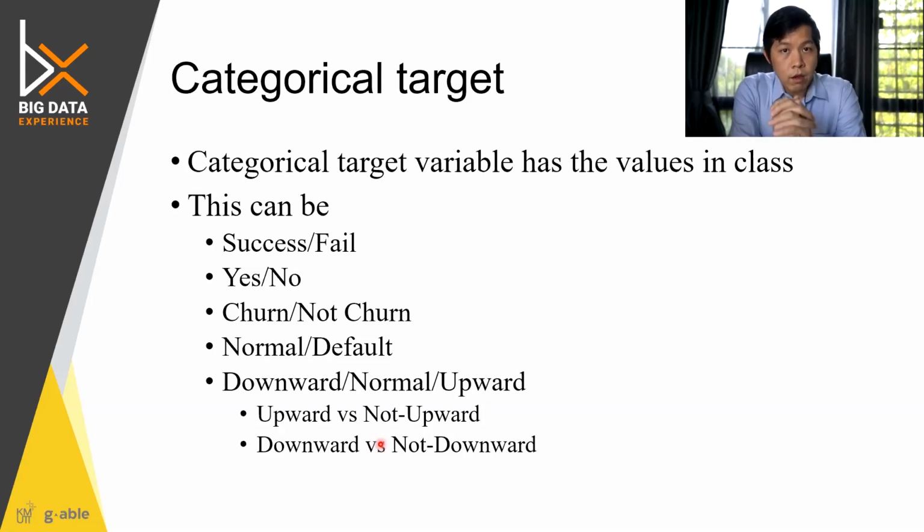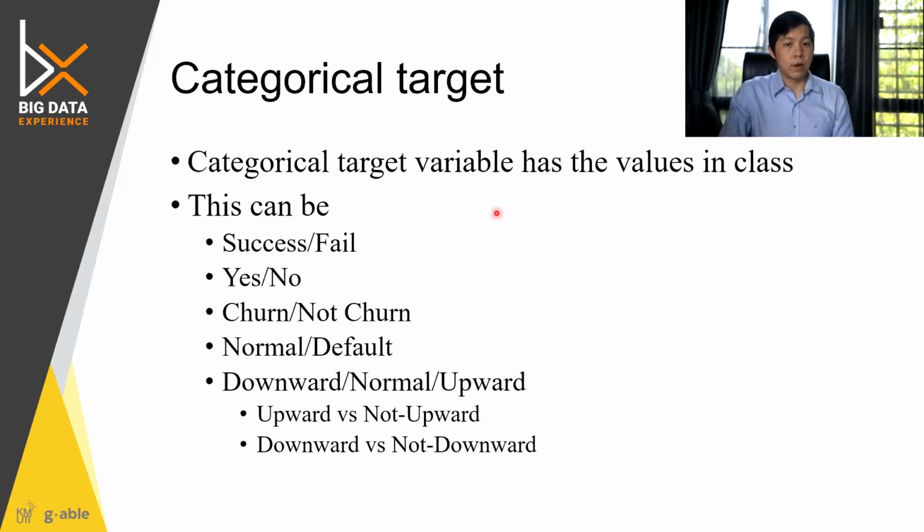So when we talk about categorical target, right, the target itself can be applied to different types of applications, right? You can create a model that predicts success or fail, right? Whether you would succeed in attempt to convince customer to purchase your products or fail to do that, whether you succeed to perform the task or fail to perform the task, whether this project would be a success or whether this project would be a failure in the investment term.